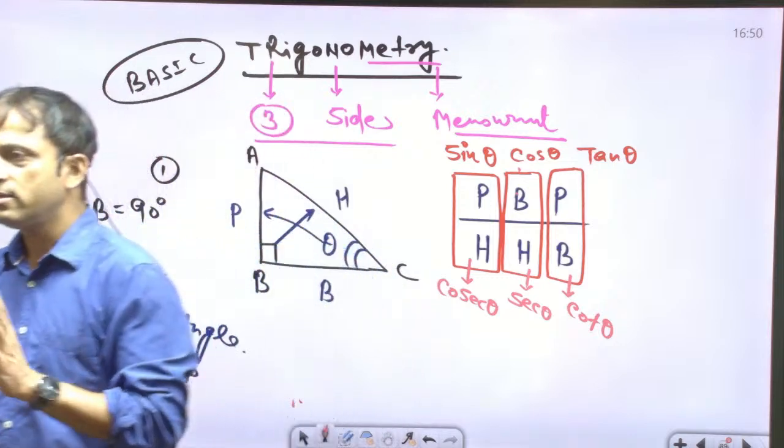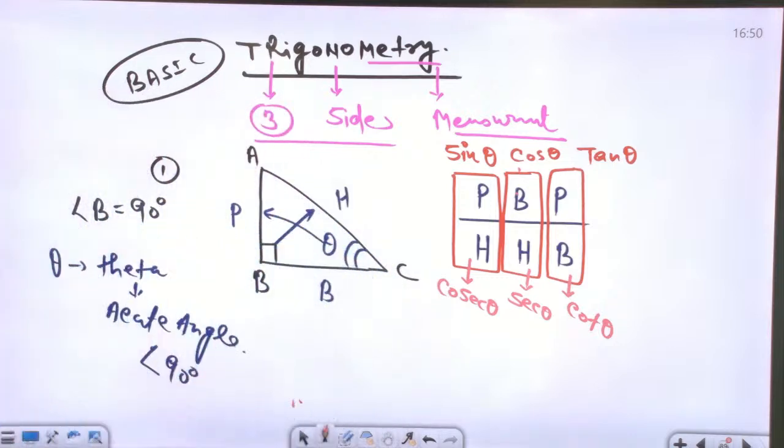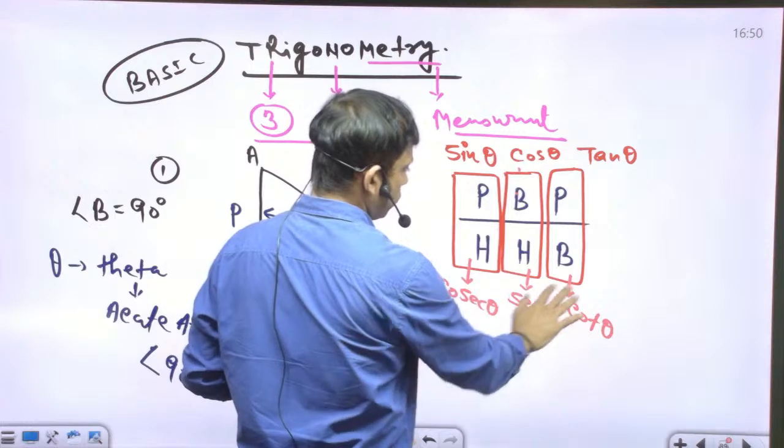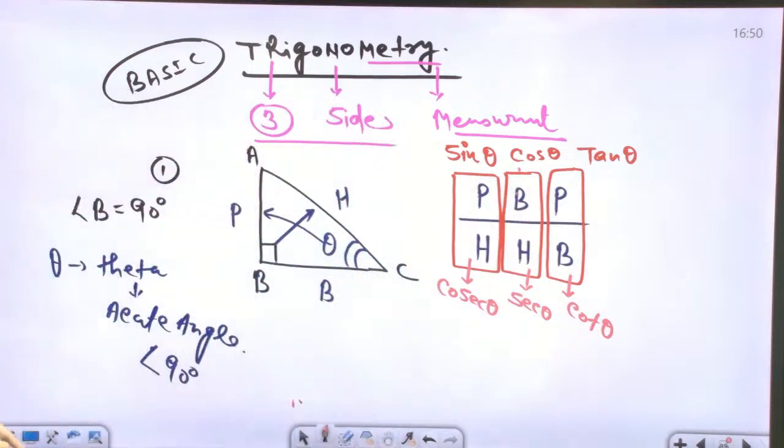There are only 6 fundamental namings in trigonometry, in any class, 12th, BSc, PhD, till IIT. So 1, 2, 3, 4, 5, 6. This is the basic part on the first page. Is there any confusion? No, right.